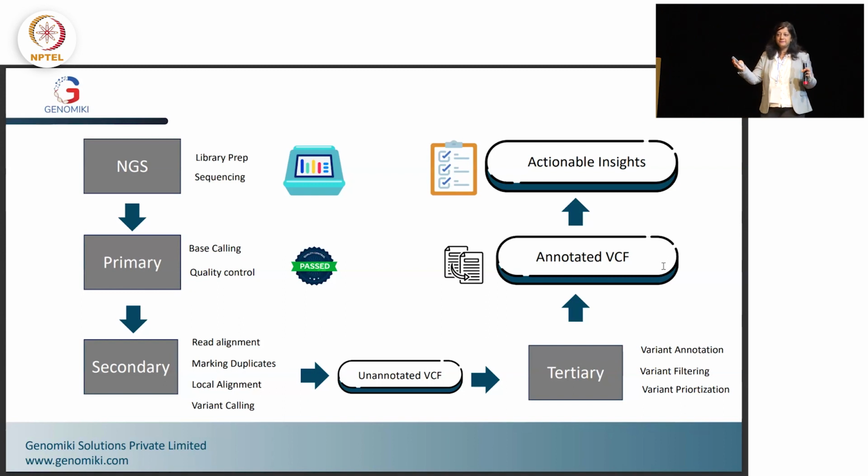and every other individual, we all are evolving. So we may have thousands of mutations in us, but what is that particular single mutation that will be responsible for that particular disease? To identify that, we have to do a lot of annotation, filtering and prioritization steps. And finally, at the end, what we get are the actionable insights, which particular mutation is responsible for this particular disorder.